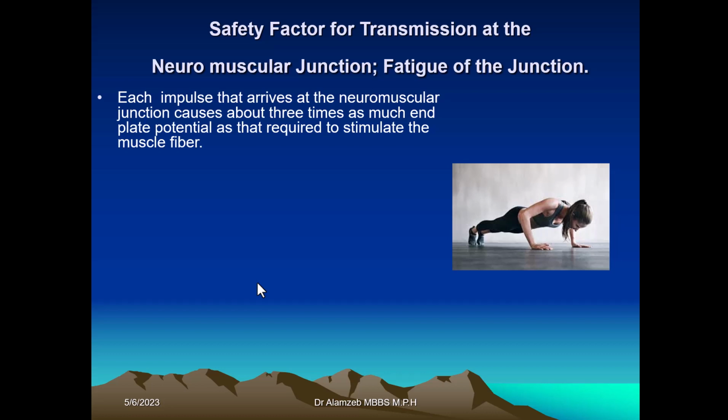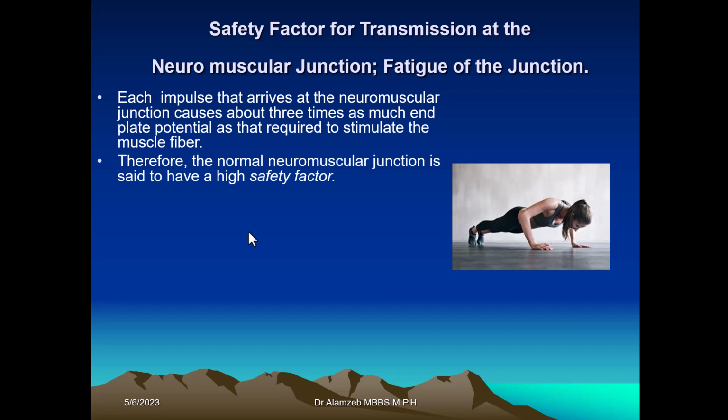A very small stimulus, a small frequency stimulus, can activate the muscle fiber, because the end plate potential responds 3 times more to a stimulus which arrives at the nerve terminal.